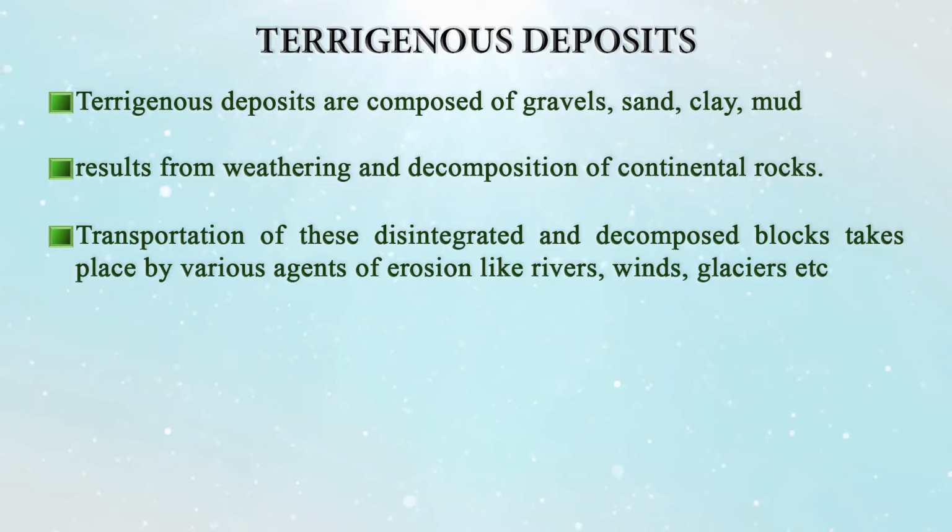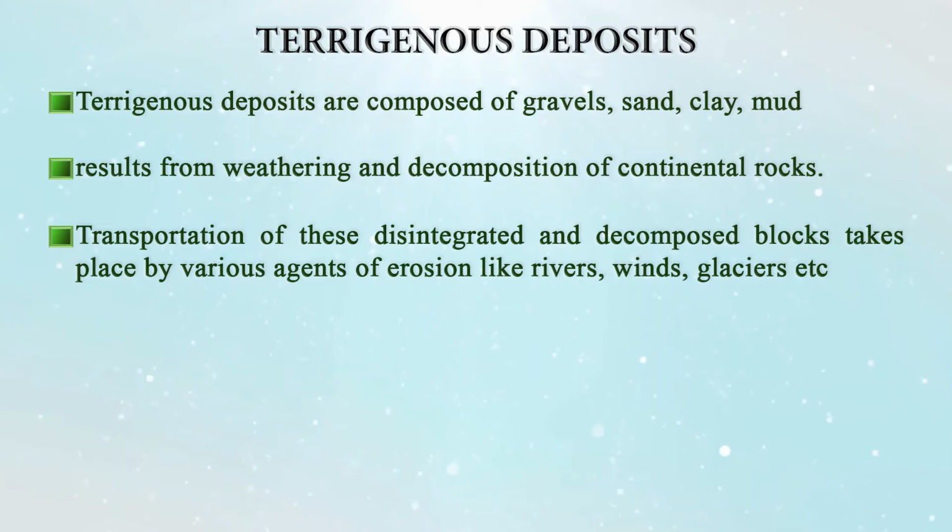The transportation of these disintegrated and decomposed blocks takes place by various agents of erosion like rivers, winds, glaciers, etc. You have already studied the normal cycle of erosion and the various agents of erosion in block 2 on lithosphere of this course on physical geography. So all these erosional agents bring sediments from different sources and finally deposit them in the oceans.